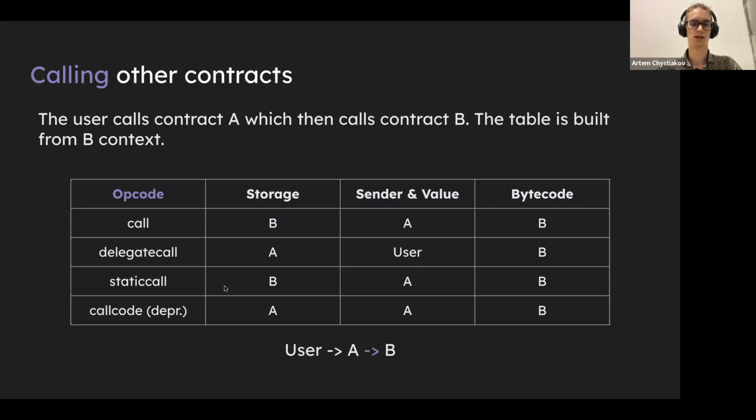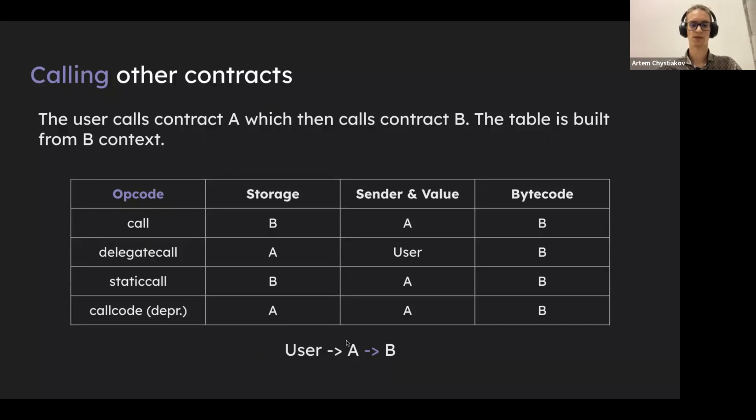Here is a tiny diagram on the bottom, with a table that is built from the context of the B contract. The user initiates a transaction which calls contract A, and contract A uses those different opcodes to call contract B. Here the arrow is in purple and the opcode is also in purple.